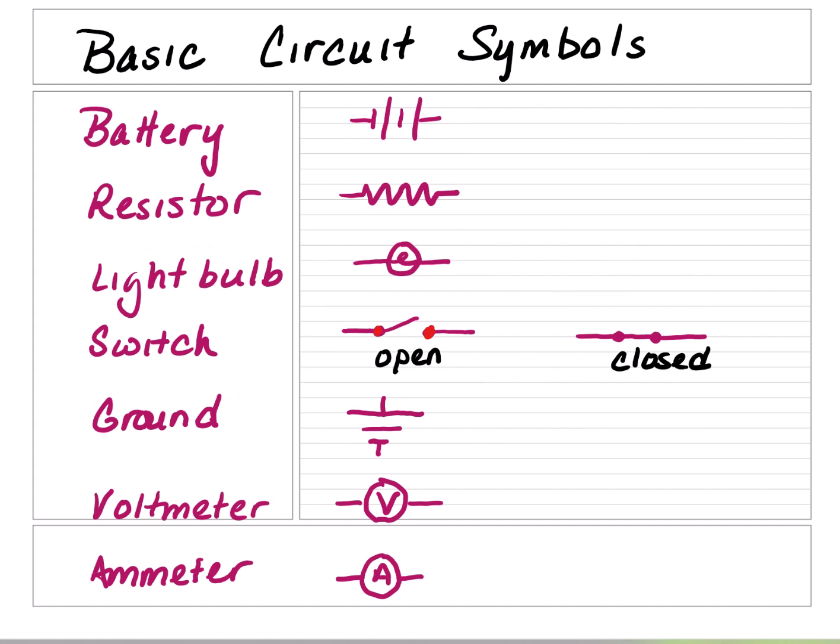These are some of the basic circuit symbols you will encounter in class. A battery is represented by two parallel plates in which one is shorter than the other. The shorter parallel plate is negative, and it is known as the low potential.